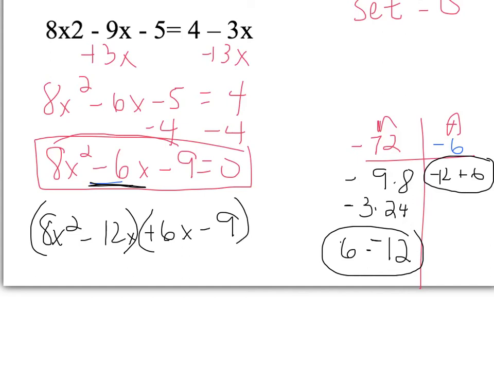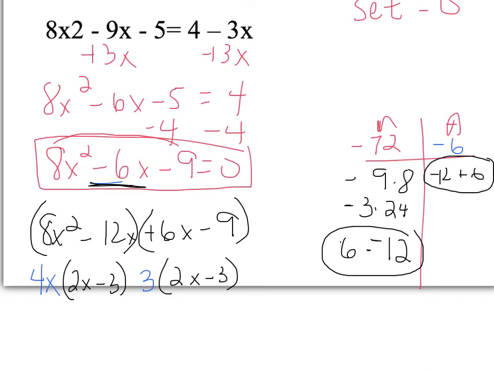Okay, so I see that from the first group I can take out a 4 and an x. So what I have left over is 2x minus 3. And from the next one I can take out a 3, and what I'll have left is 2x minus 3. Okay, this is good.